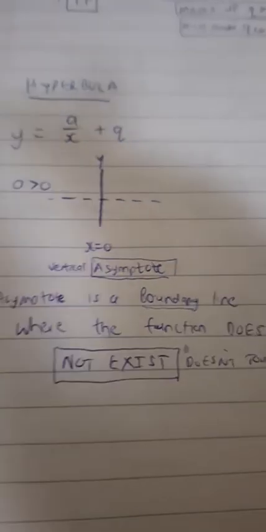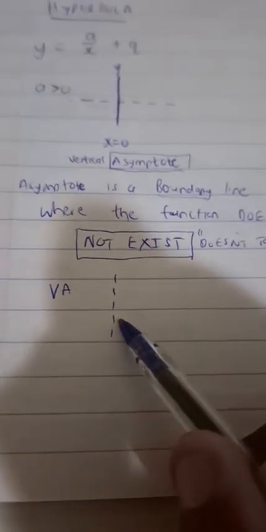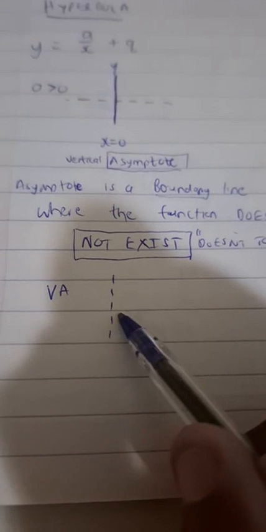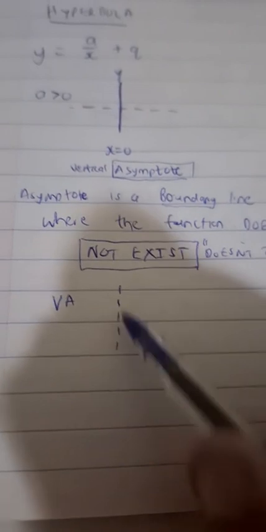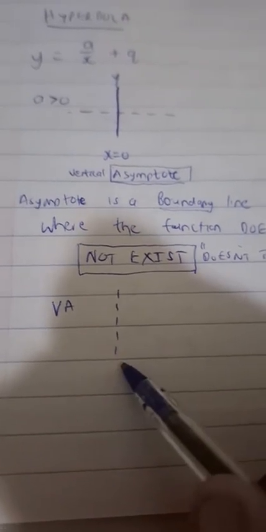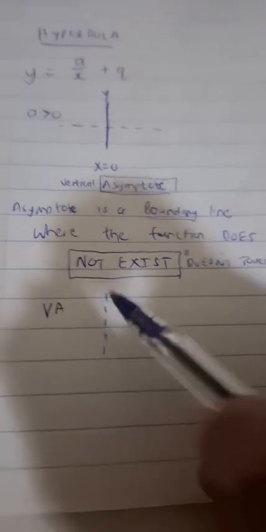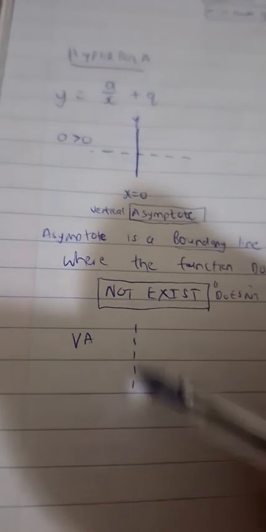This boundary line, if it's the vertical asymptote, is drawn with spaced out lines. You can see these spaced out lines. It's not a solid line, but spaced out lines. So VA means vertical. Vertical is from the bottom to the top.